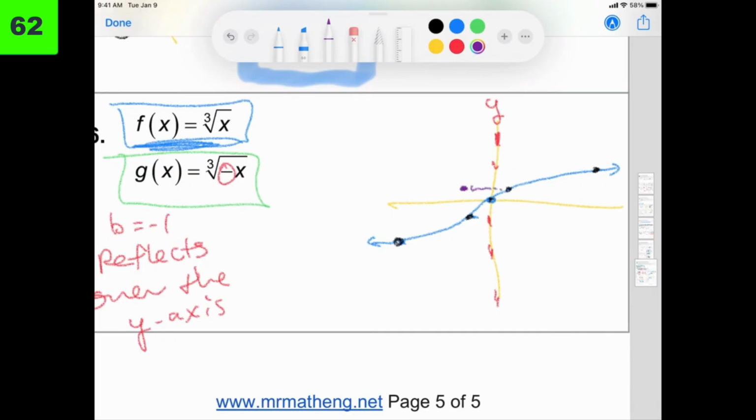So this is my new reference point. Way here to there, it's going to go same thing. This one's going over the y, the red dotted line here. That one's going over here, okay? So our new graph in green is going to be looking something like this. Okay, so from the blue to the green reflects over the y-axis.